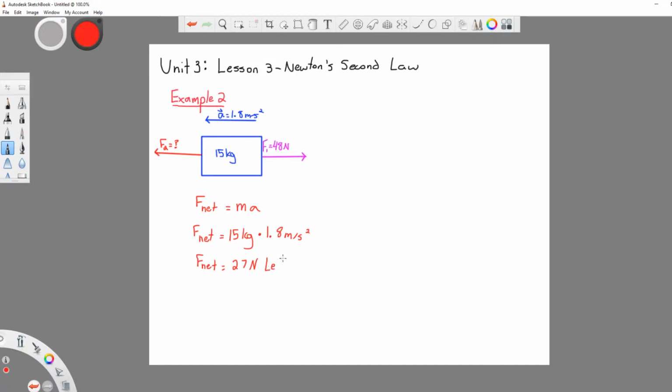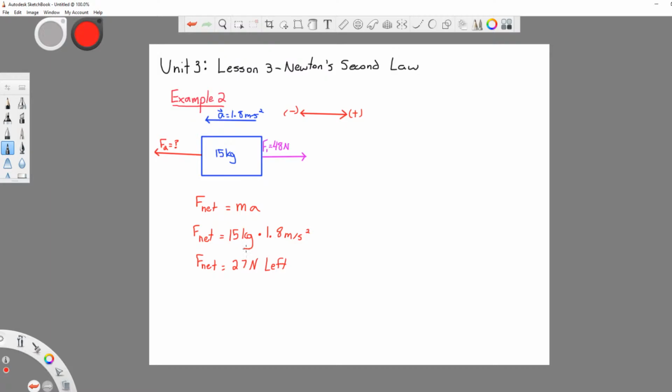newtons to the left. And why that's important is because, well, you see we have left and right directions, and we've been talking about this for quite a while. We should probably add something on here saying that one direction is positive, one direction is negative. So I'm going to make the right positive like I almost always do. Left can be negative.